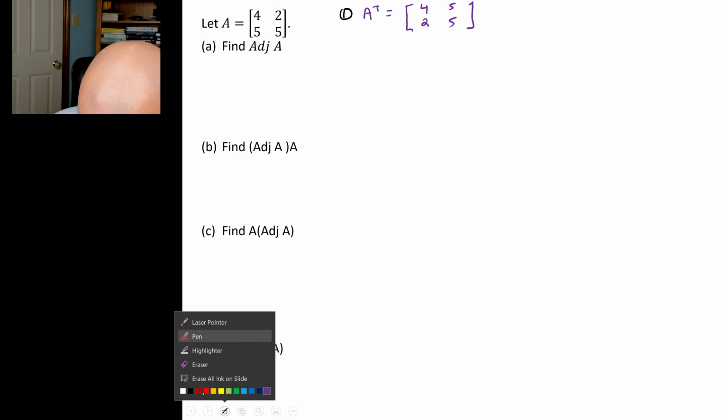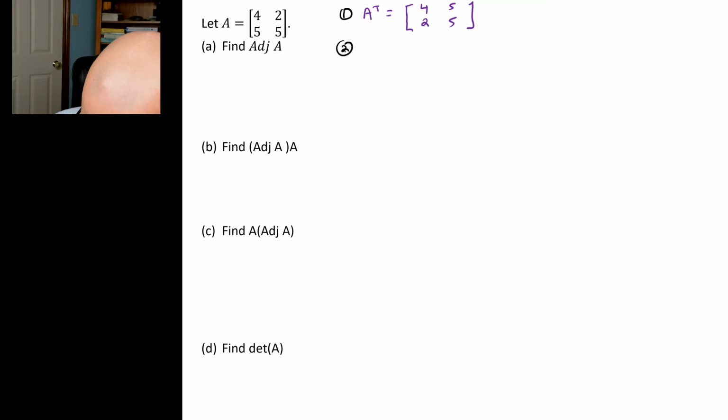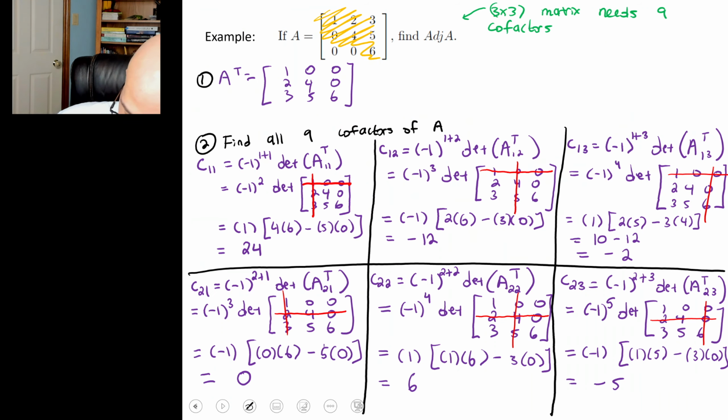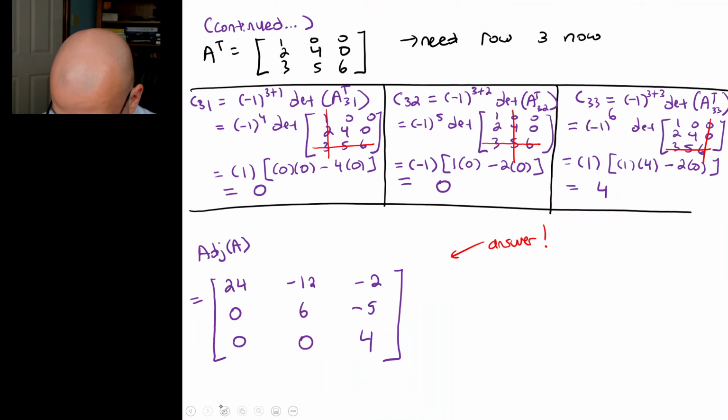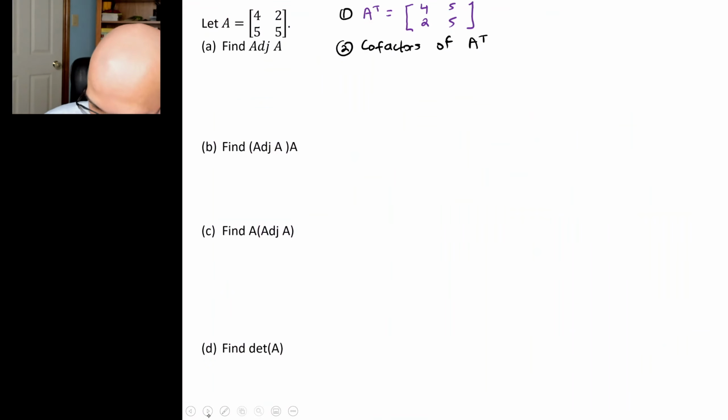Now step 2 is we're going to calculate the cofactors of A transpose. Oh, I almost forgot to unerase this for the previous example there. Okay. I'm going to just hide this so I don't accidentally use it in the calculation.